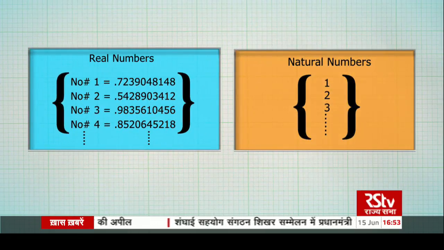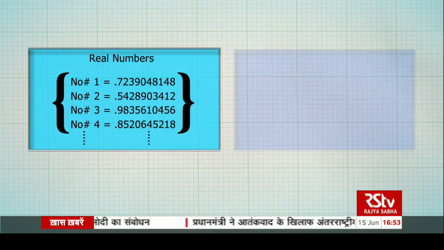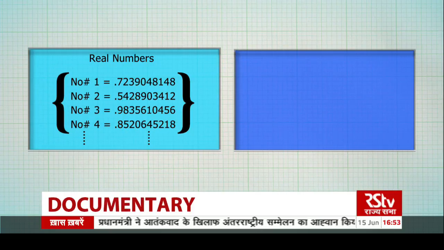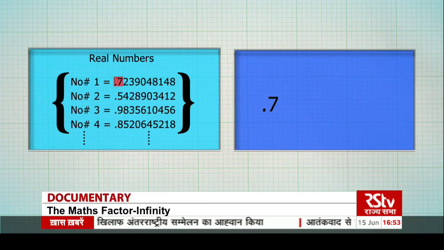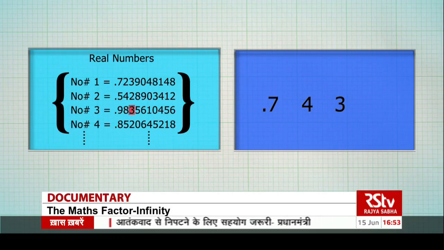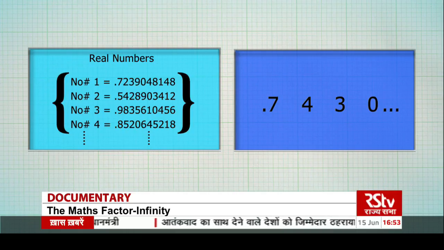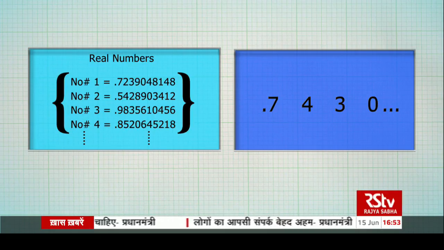To show that I cannot create a one-to-one correspondence with natural numbers, I will create a number that is not in our list. How will I do that? By taking the first digit from number 1, the second from number 2, the third from number 3, and so on. So the number that we will come up with is 0.7430 and so on, because we'll keep proceeding in the same line.